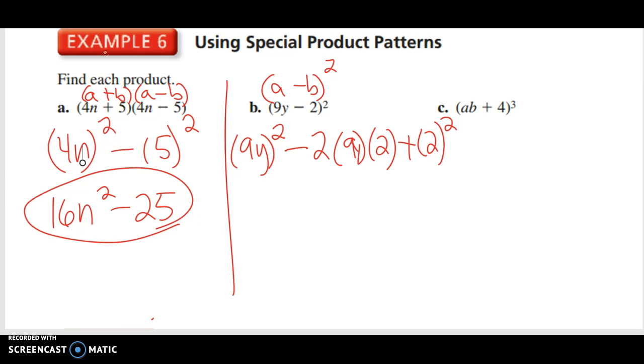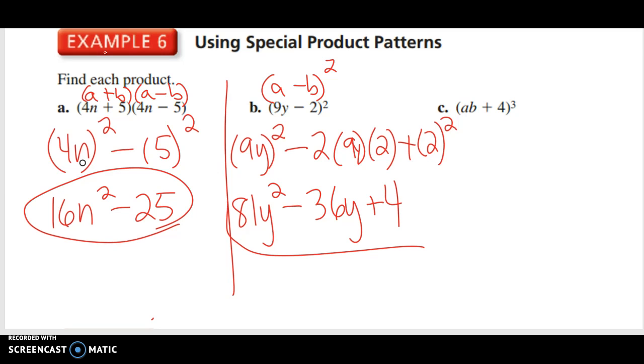So when I do this, I get 81y squared minus 36y plus 4. And that's my final answer.